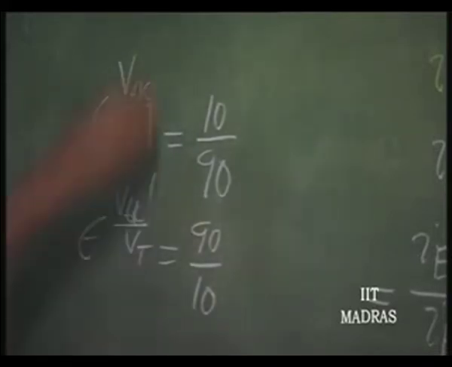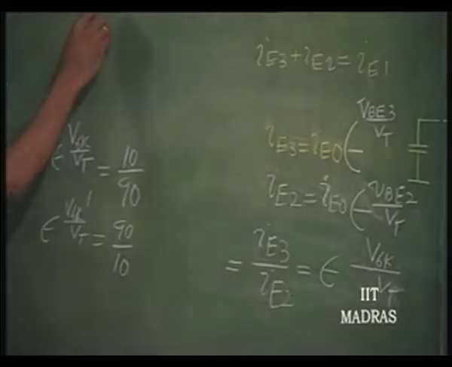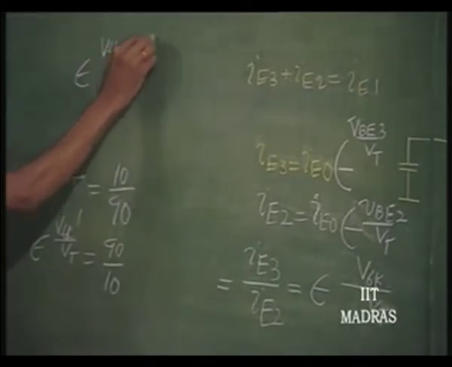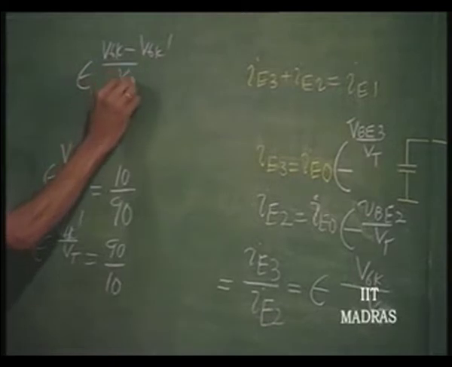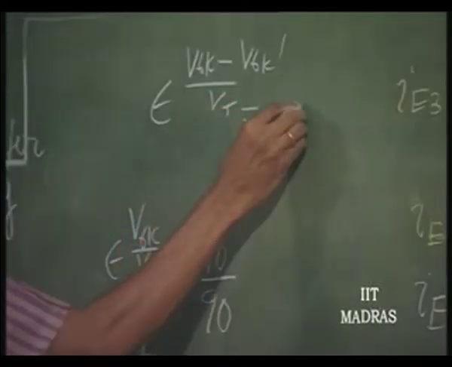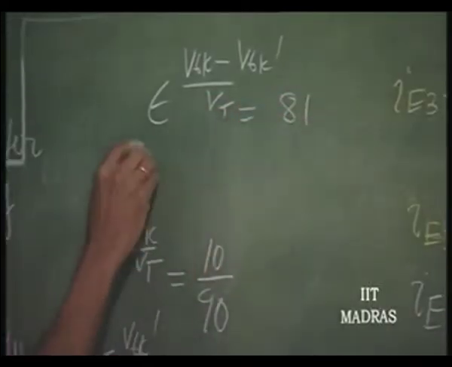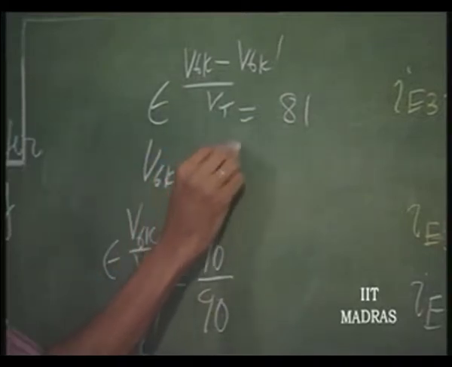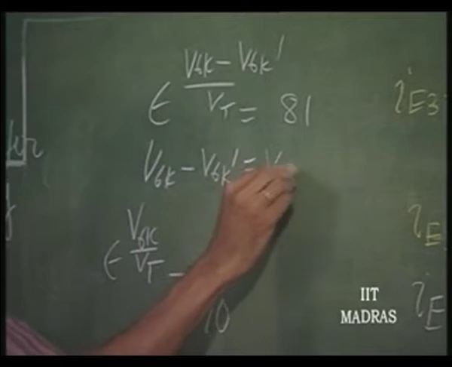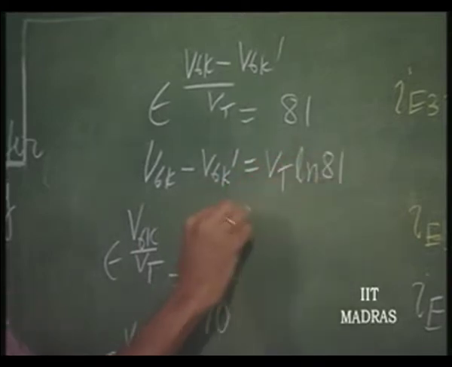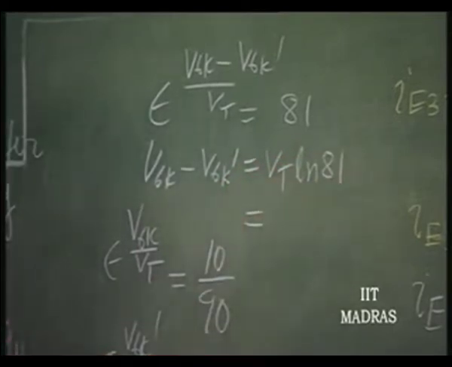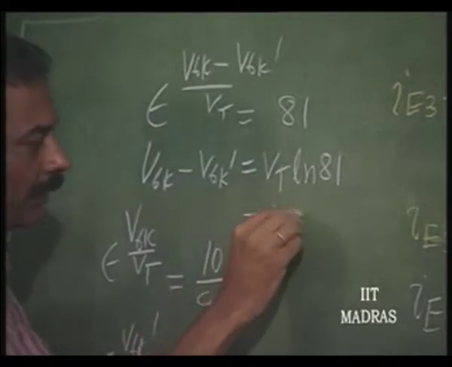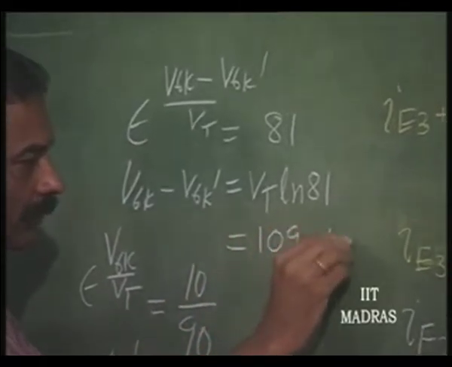If one is divided by the other, we get V6k minus V6k prime by Vt equal to 81, or V6k minus V6k prime is equal to Vt log 81, which is 109.86 millivolts.